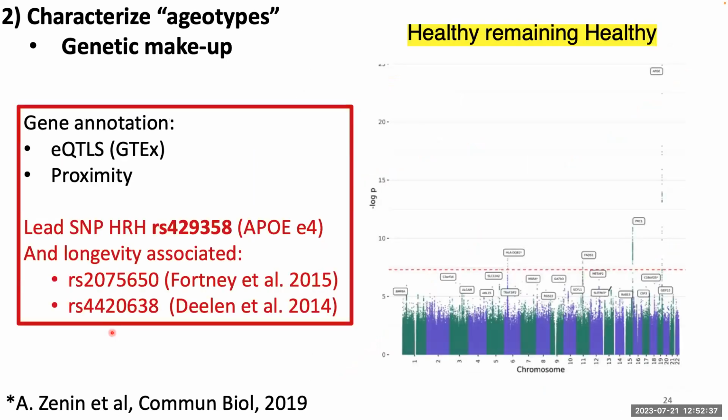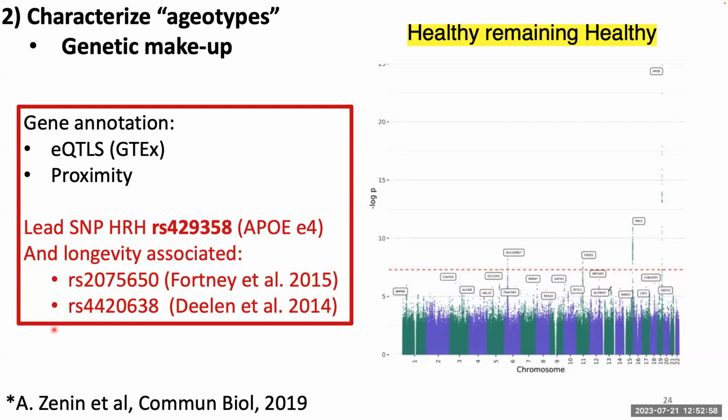And so we went into characterizing a little bit better these remaining healthy SNPs. We annotated the SNPs using QTL data and proximity. And what we found is that the leading SNP, for example, in the remaining healthy is this ApoE4 variant, well known in aging, highly associated to aging.